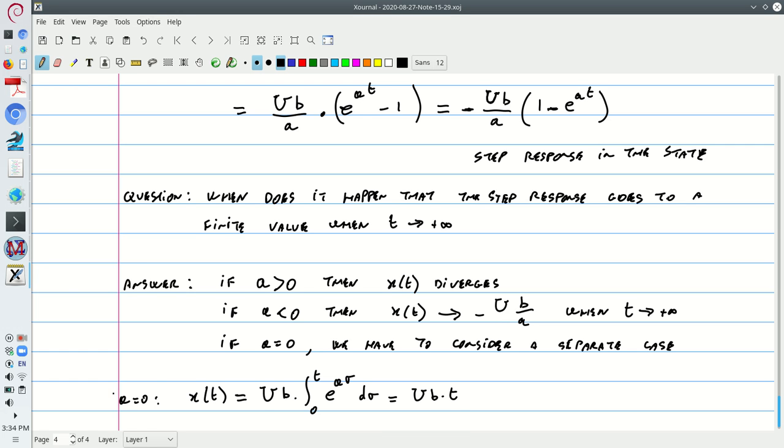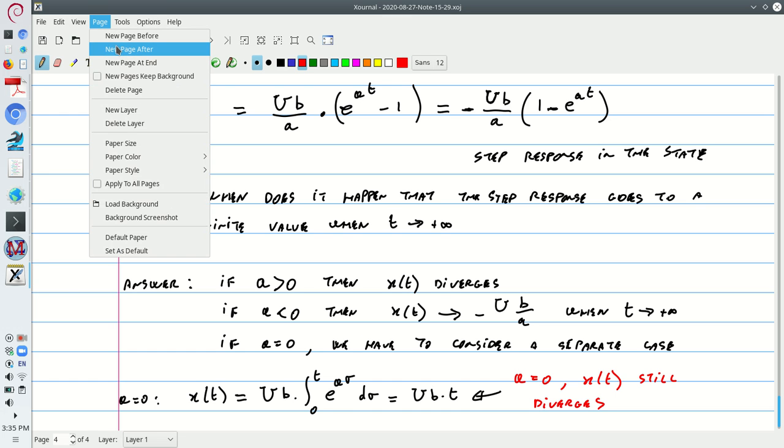So when A is equal to 0, x of t still diverges. I hope that this answers the question in a complete way. When A is positive, x of t diverges. When A is equal to 0, x of t still diverges. The only way to have the step response not diverge is to have A negative.